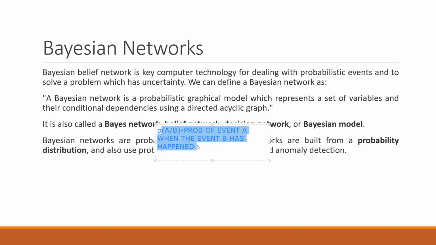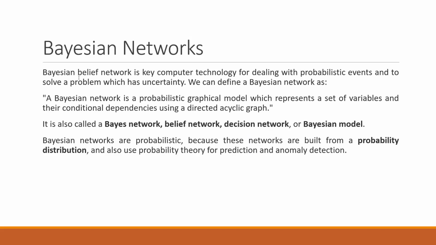So it is basically a probabilistic graphical model. We'll study the content written over here. A Bayes network is a probabilistic graphical model which represents a set of variables and their conditional dependency via a directed acyclic graph.